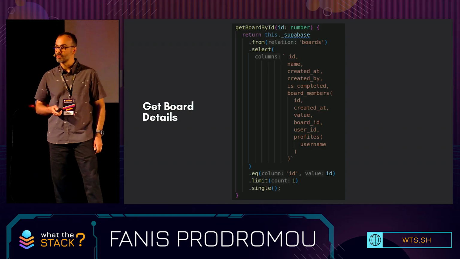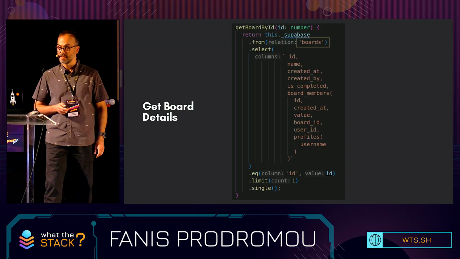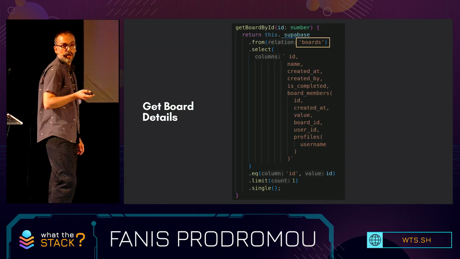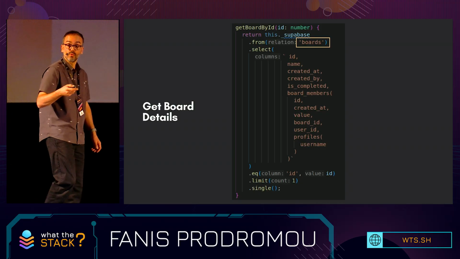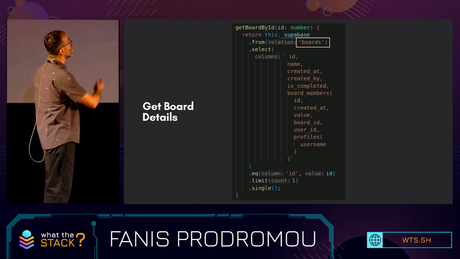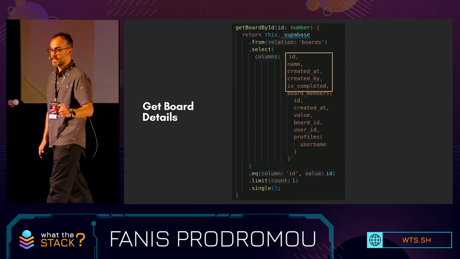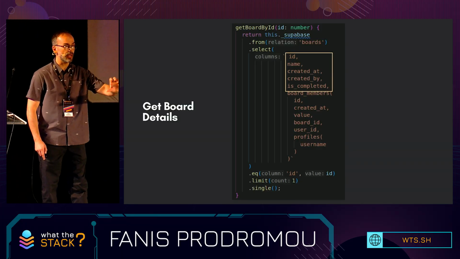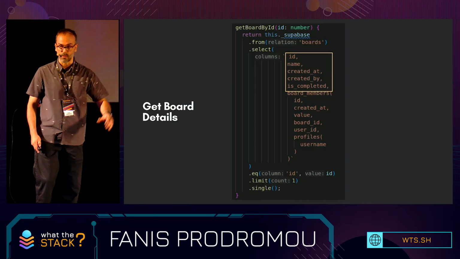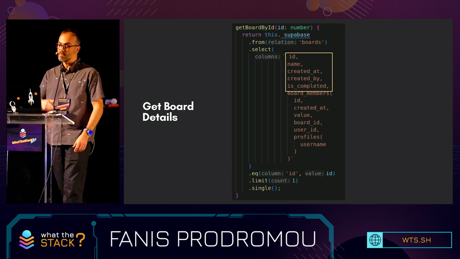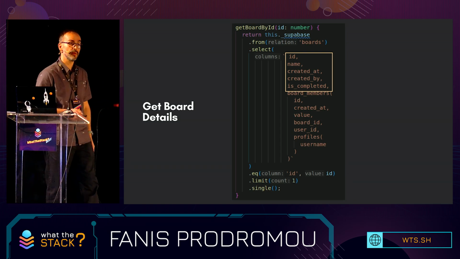In this case, I would like to get board by ID. The very first thing that we have to do is to define the table that we would like to interact with. And here we have boards. And then from boards, what I would like to select are specific columns. I don't want to select everything, okay? Specific columns. I want to have the ID, name, created at, created by, and is completed.